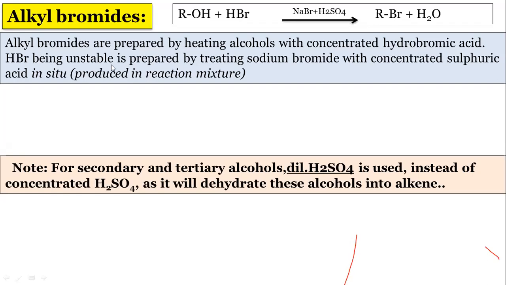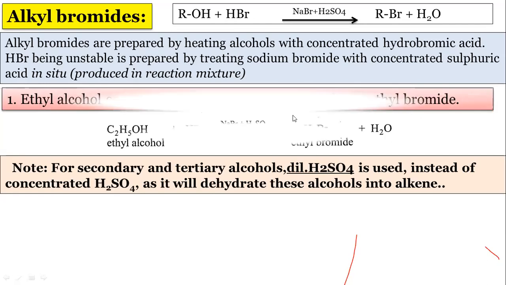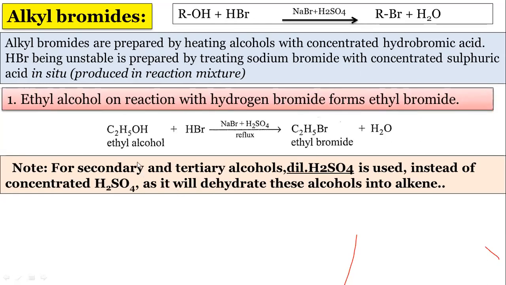Hydrobromic acid, this is HBr, being unstable, is prepared by treating sodium bromide, NaBr, plus concentrated H2SO4 in situ. In situ means HBr is produced at the time of reaction mixture. At the time of reaction, it is prepared and then it reacts with OH and we get the alkyl bromide. One example is given here. Ethyl alcohol on reaction with hydrogen bromide. Always remember HBr is prepared using NaBr and H2SO4 in situ.